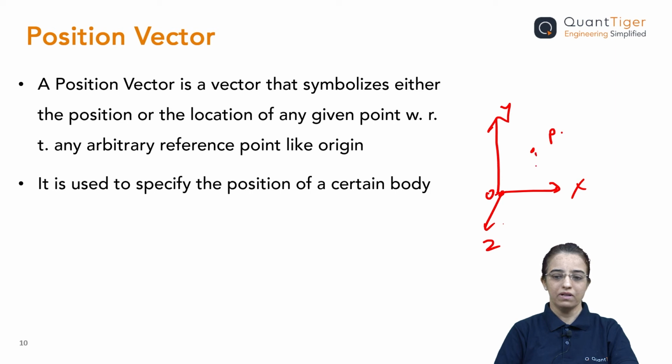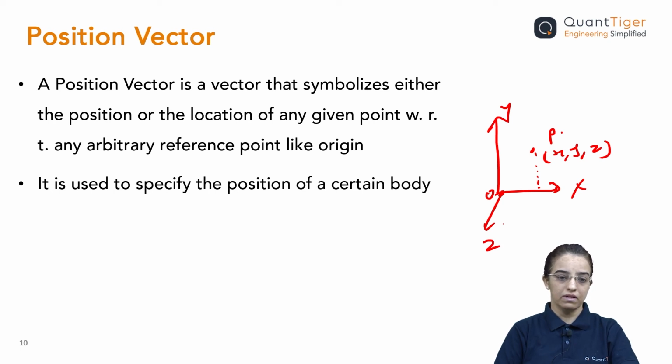For example, the distance along the x axis becomes its x coordinate, the distance along the y axis becomes its y coordinate, and likewise the z coordinate, all measured with reference to the origin. That is nothing but the position vector.